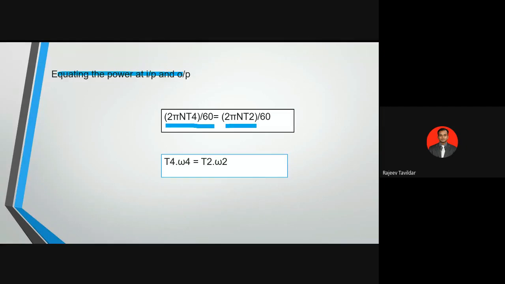Similarly, on the RHS, we have T2 as it is retained, and 2 pi n upon 60 is now termed as omega 2. Since this RHS is associated with the second link, we are going to get T2 and omega 2 on the RHS, and on the LHS it will be the output link, so we are getting T4 and omega 4.